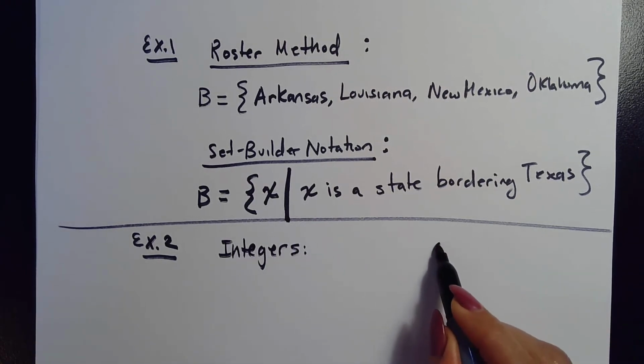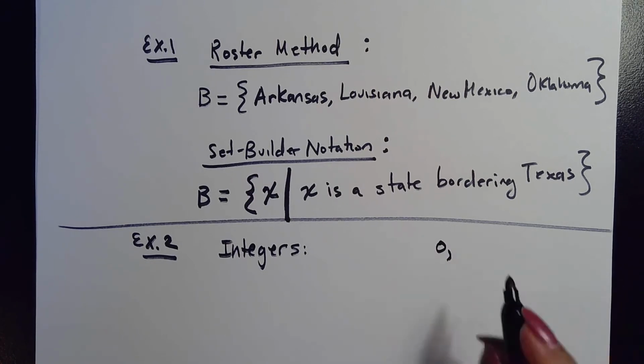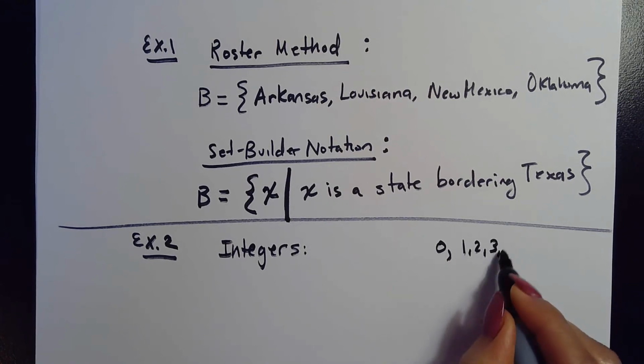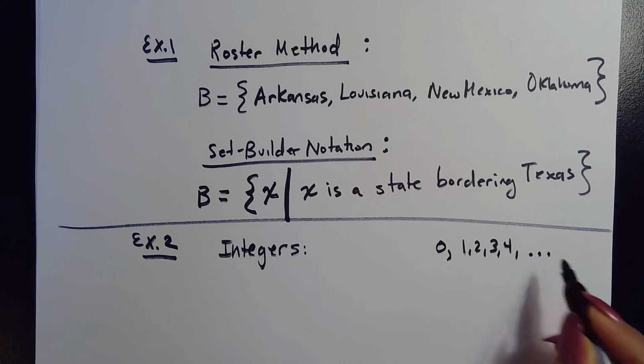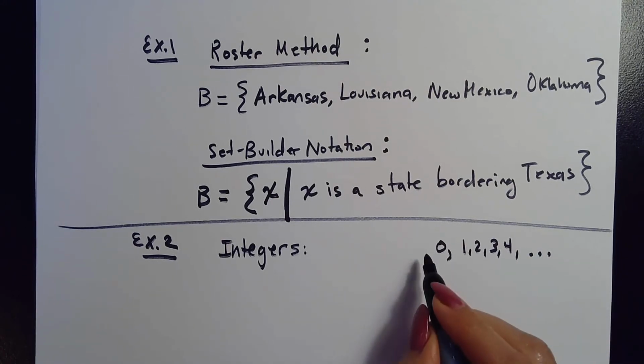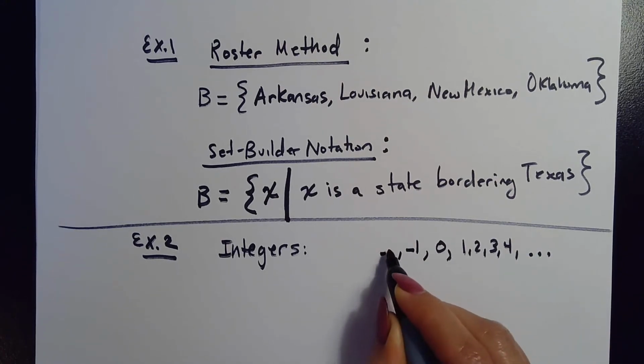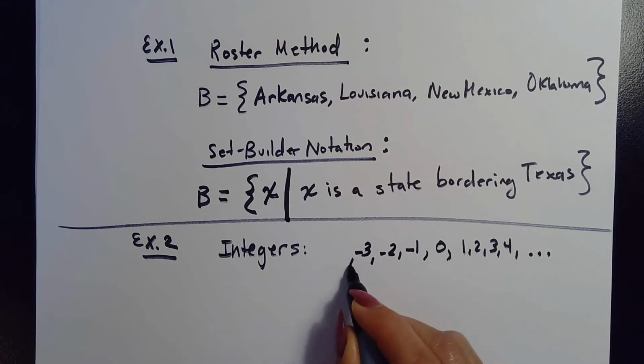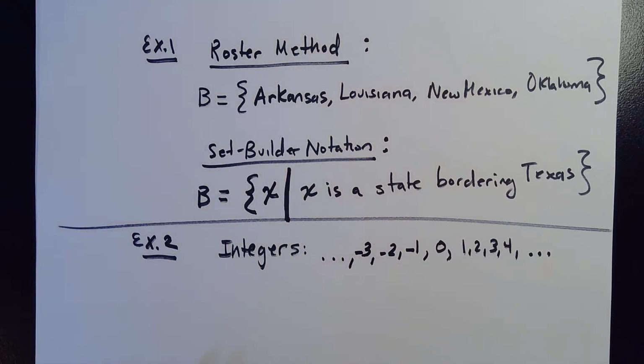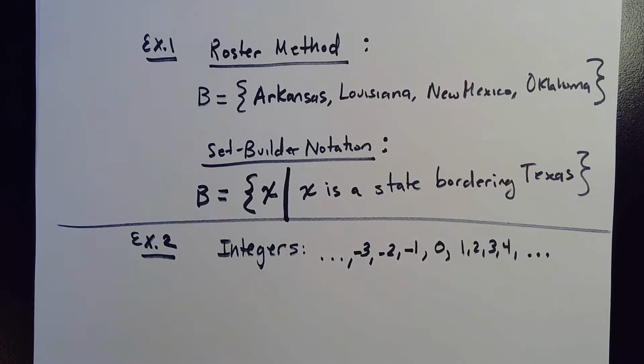We can start with 0, and then the positive integers you have 1, 2, 3, 4, and all the way to infinity. And then on the negative side you have -1, -2, -3, and it continues to negative infinity. As you can see, these are whole numbers.